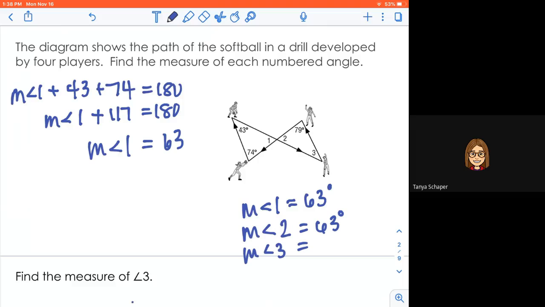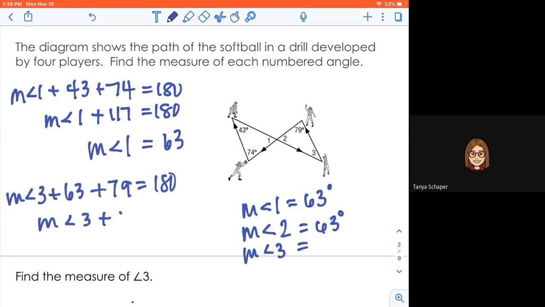The measure of angle 3 plus 63 plus 79 equals 180 degrees, so the measure of angle 3 plus 142 is equal to 180. So the measure of angle 3 is equal to 38 degrees.